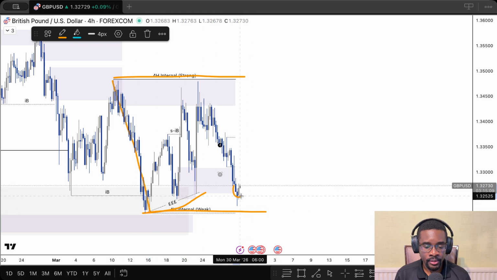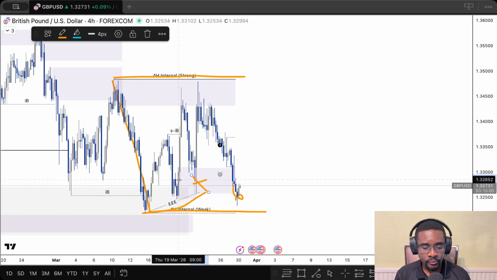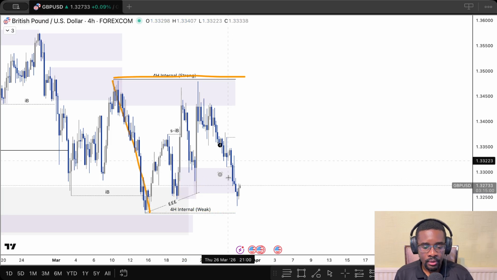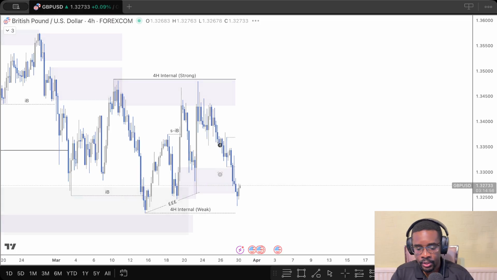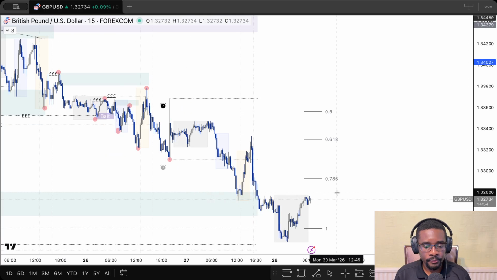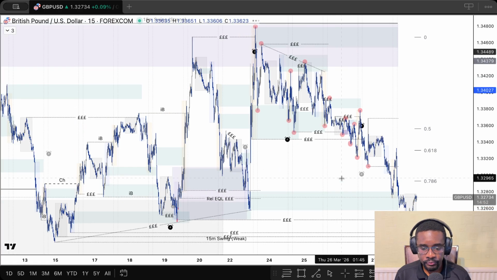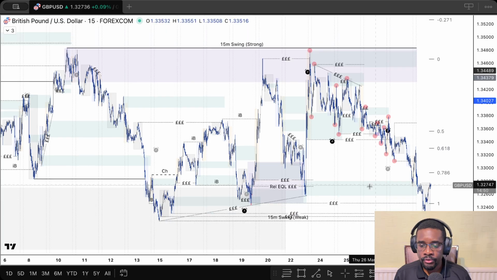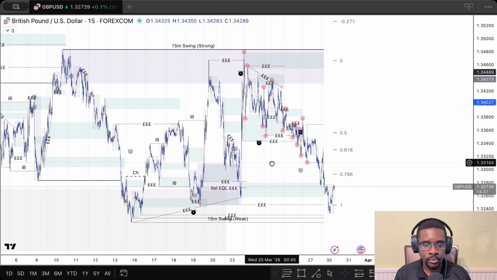And as you can see, price is really pushing. Okay, and then this demand has failed. So looking at details on the 15-minute, this is what we have.